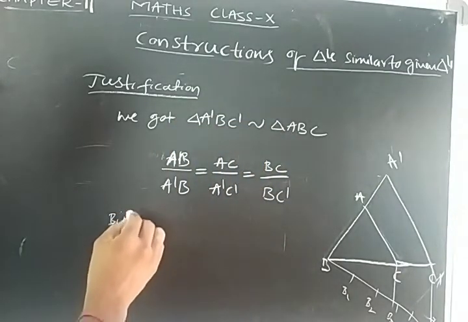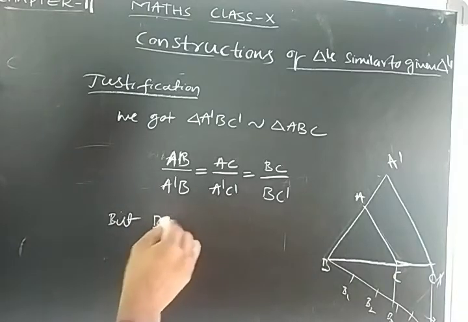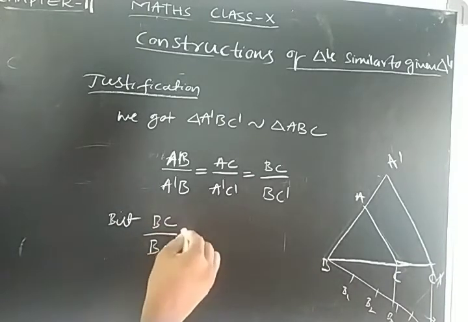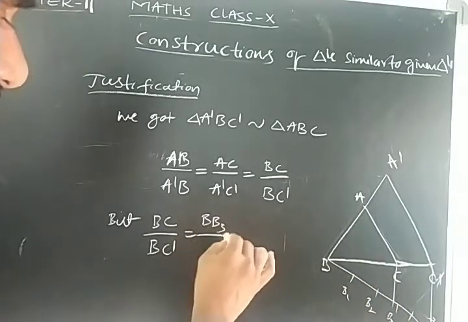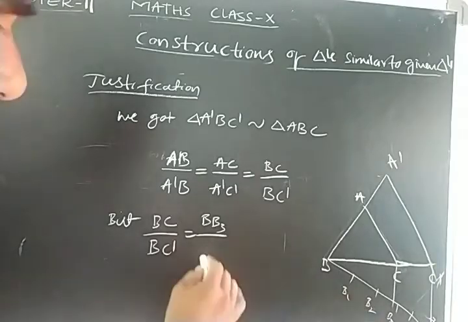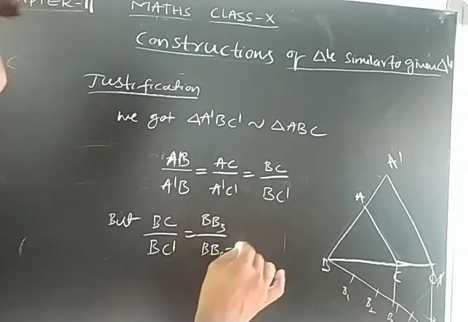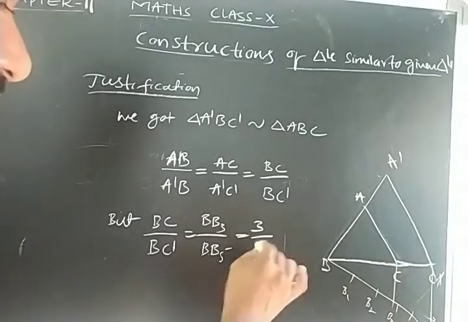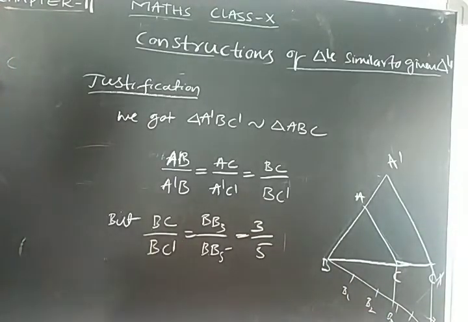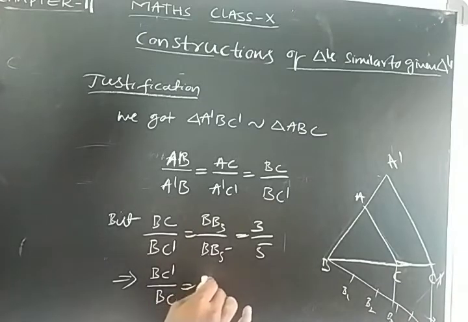But by the construction, BC by BC dash is equal to BB3 by BB5. So BB3 has 3 parts, BB5 has 5 parts, so 3 by 5. If you take the reciprocal of this, BC dash by BC is equal to 5 by 3.